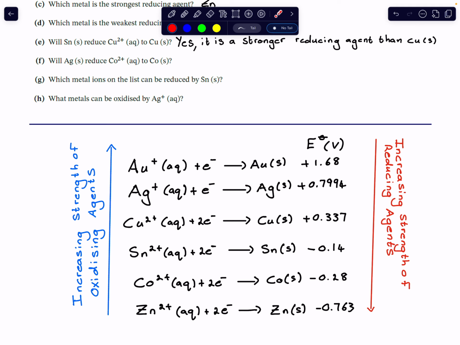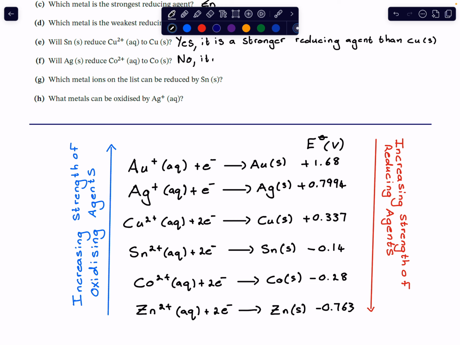So the opposite is actually going to happen, because silver solid is a weaker reducing agent than cobalt solid. So cobalt solid is actually going to reduce silver. That's actually what's going to happen. So in this case, it's no.